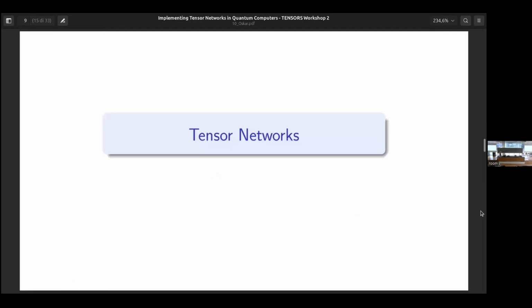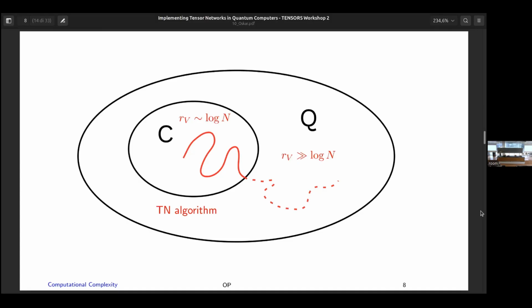And the idea is that the ranks are of the order of the logarithm of the system size in the classical phase, and in the quantum realm these ranks explode exponentially and we cannot encode them anymore.